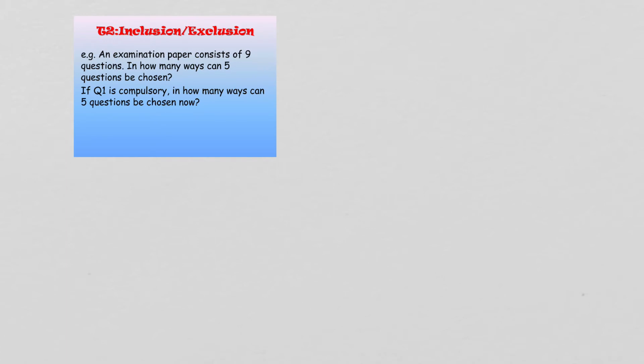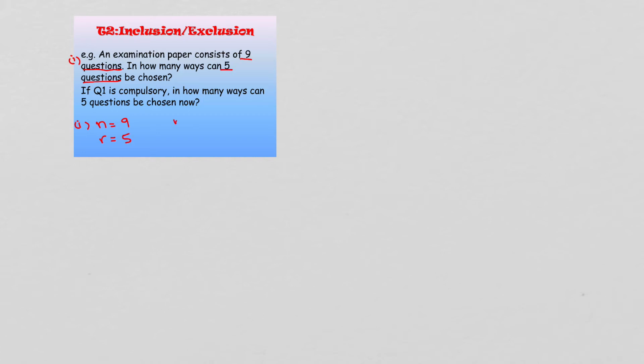In type 2, we are looking at including or excluding something. In this example, an examination paper consists of 9 questions, so the total number of questions we would be selecting from is 9. How many ways can we select 5 questions? For part 1, our total is 9 and the number we're selecting is 5.